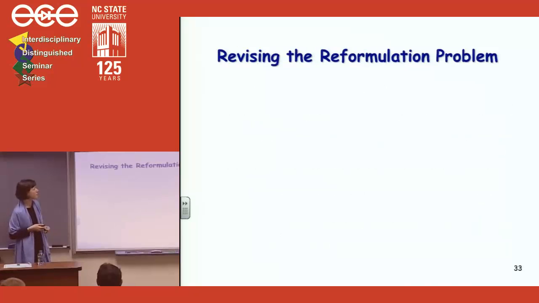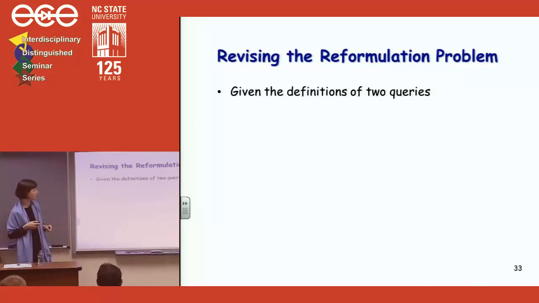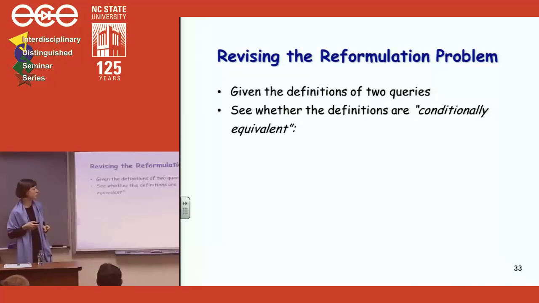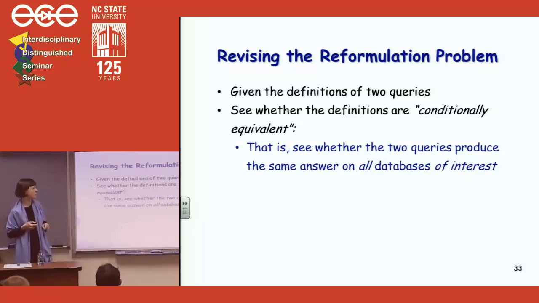So how can we revise the reformulation problem? We can bring in this notion of some databases instead of all databases. So given the definitions of two queries, see whether the definitions are conditionally equivalent. And that means we somehow have to define our databases of interest. And we bring it into the test.